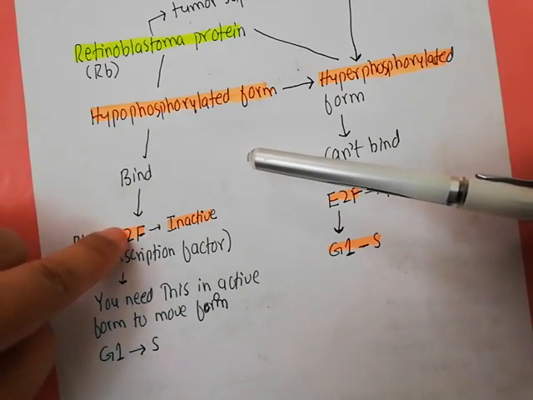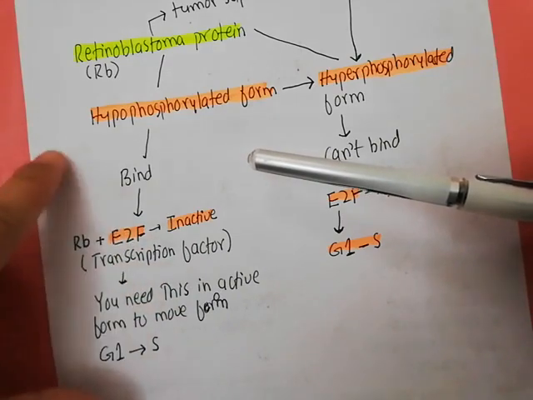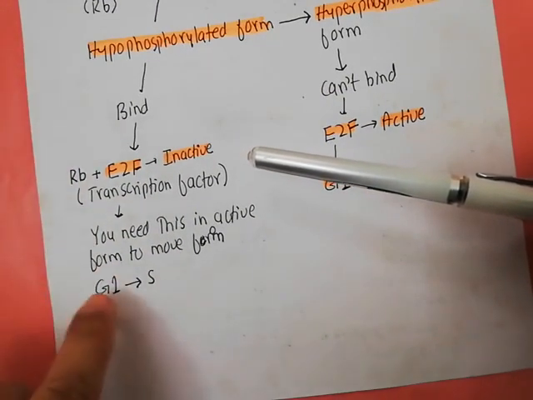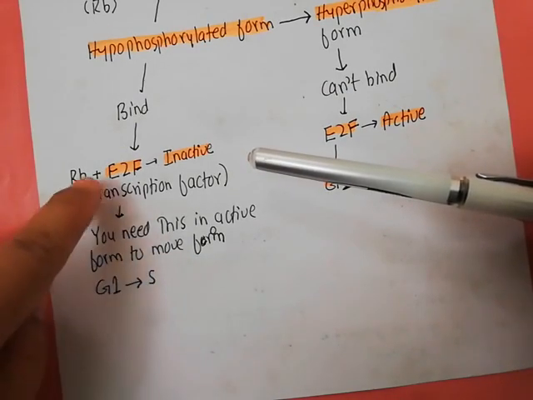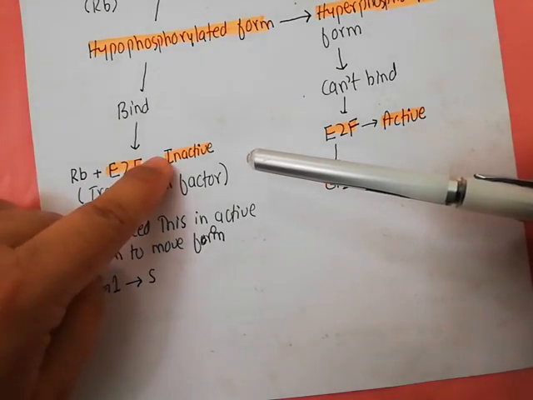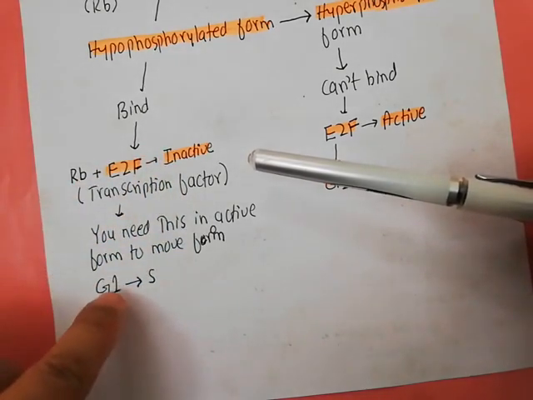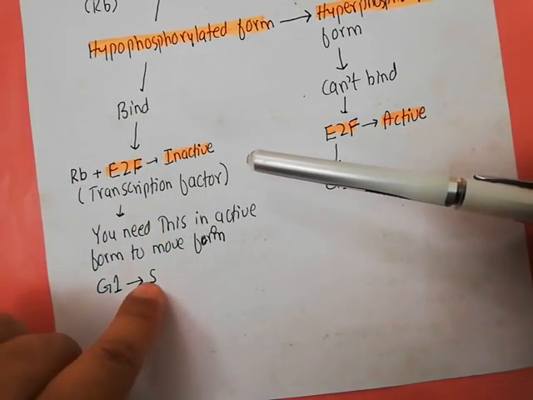This E2F transcription factor is very important if you want to move from G1 into the S phase of the cell cycle. So if the E2F is in the inactive form, that means you cannot move from G1 into the S phase of the cell cycle. Your cell cycle is stuck in G1.